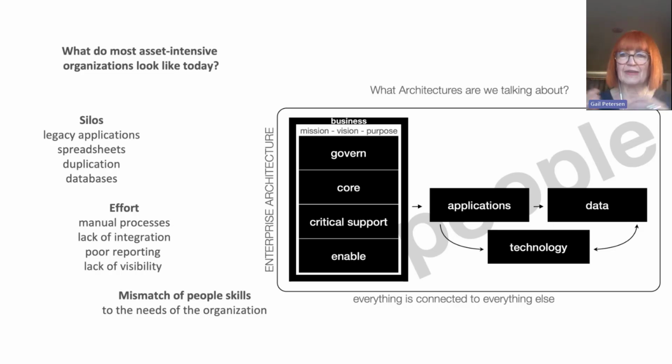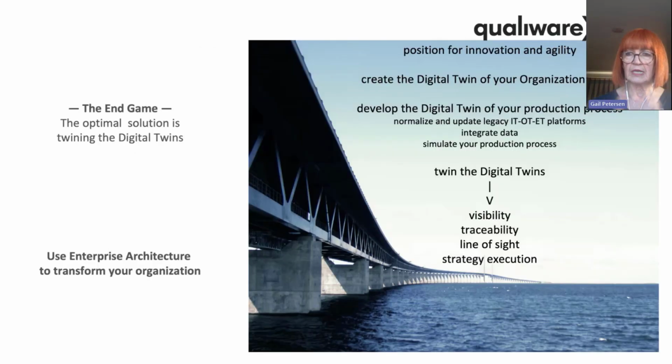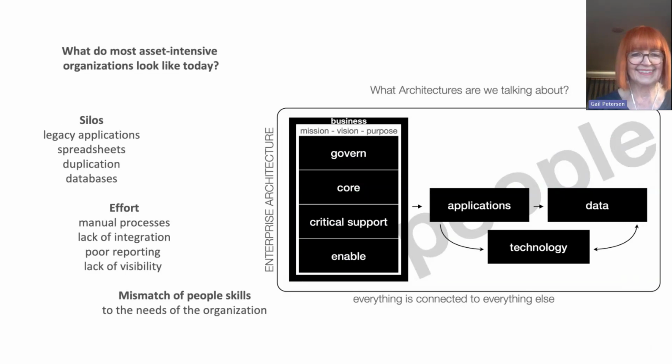You might be getting lemons in and you have to produce lemonade. We've got poor reporting as a result, and we have lack of visibility, and we've got a mismatch of people skills to what's required in the organization with all of this change that is in motion. And the only constant is change.